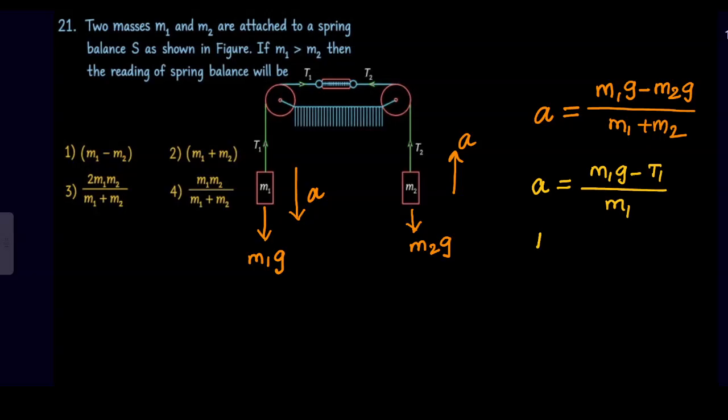If we cross multiply, T1 will be M1 into G minus A. Find the T1 value.